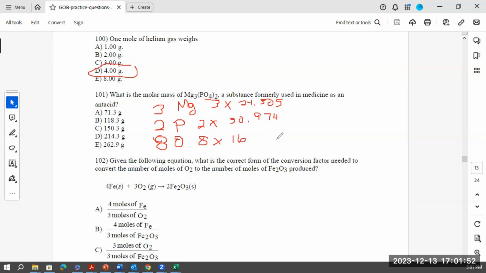So if we do that math, what do you guys end up with? 262? So it's E as in Edward. 102.